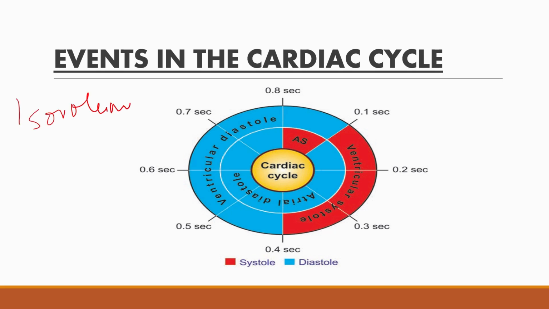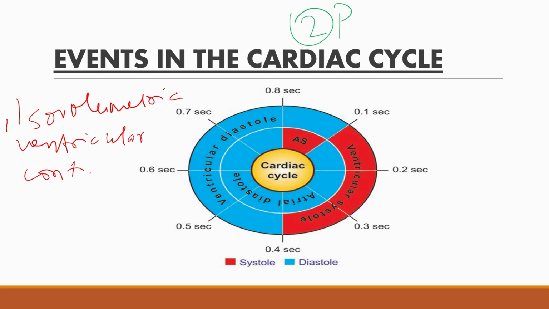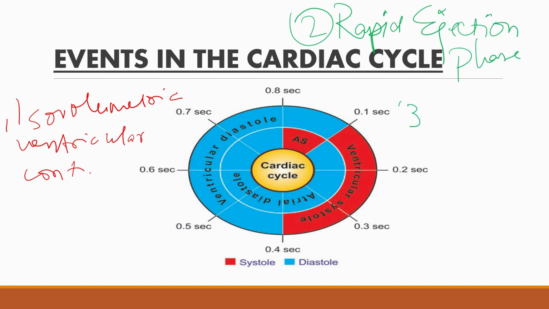They are the isovolumetric ventricular phase, next we have the rapid ejection phase, and lastly what we have? We have the slow ejection phase, right? Clear? Please note it down.